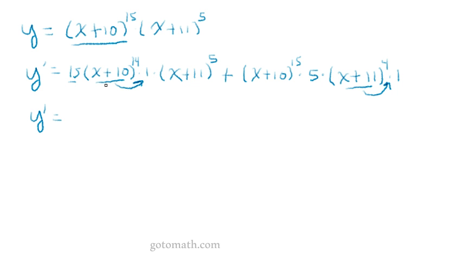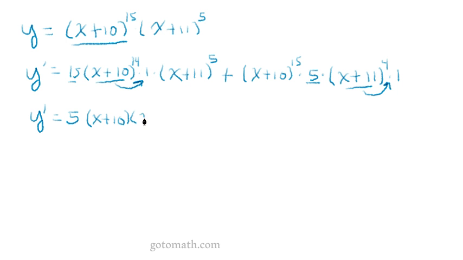First off, we've got a 15 here and a 5 here, so I can pull out a 5. It's the greatest common divisor between 15 and 5. I can also pull out the factors with the smallest exponents. So we're going to factor out x plus 10 to the 14th, that's got the smaller exponent.